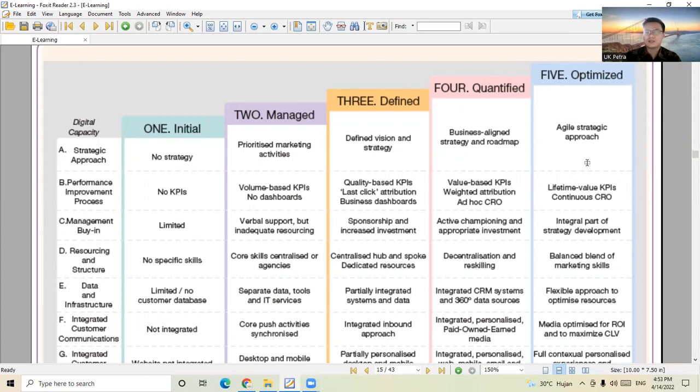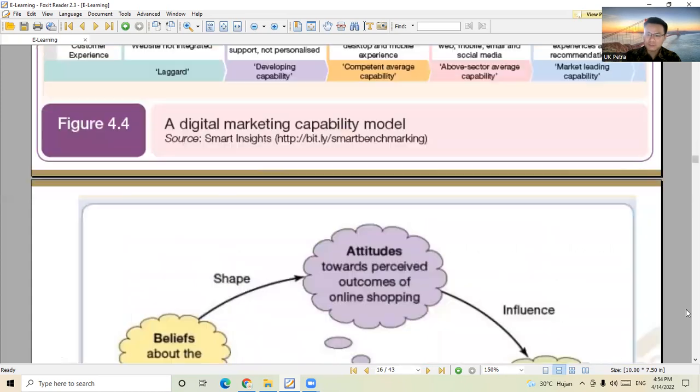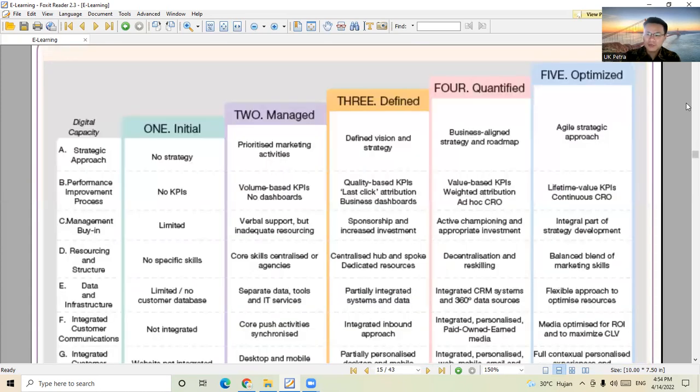Also, in the performance improvement process, they use KPIs and continuous performance improvement. And then resourcing and structures. In other words, level 5 is the highest of all.